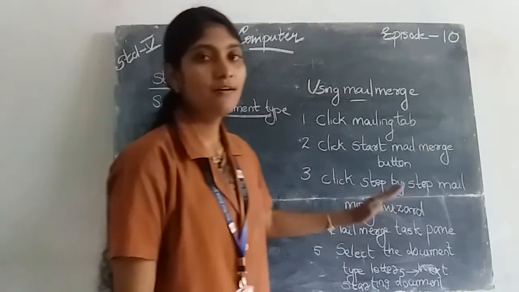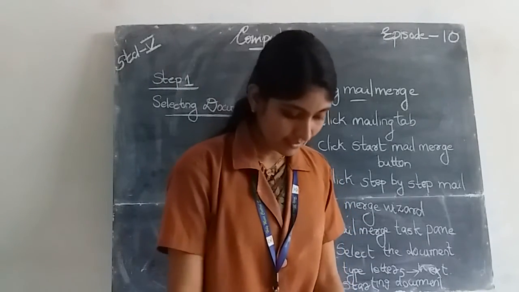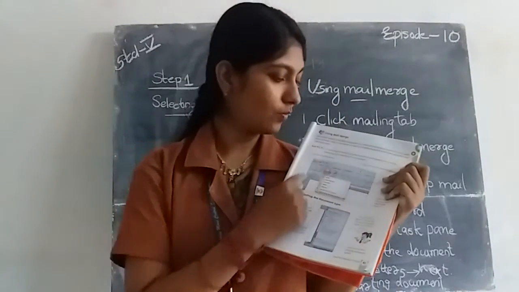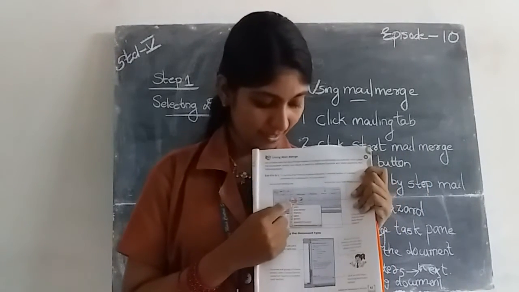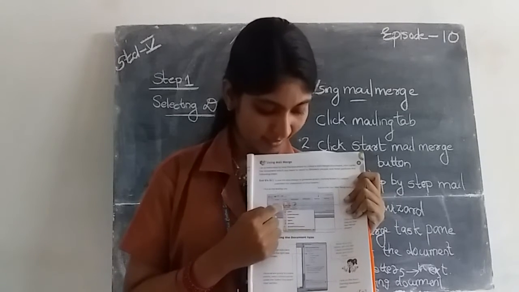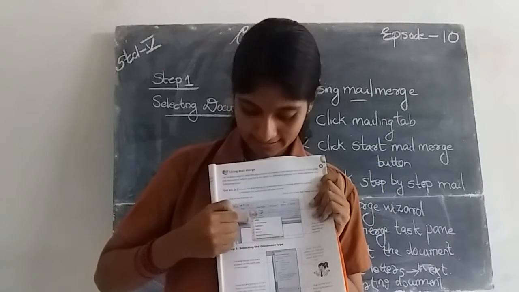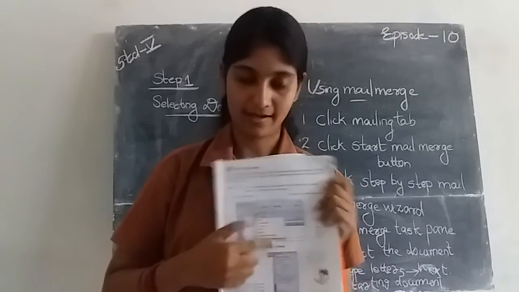So the first step is selecting the document type. Once again, here is the Word document and this is the mailing tab. Among the mailing tab options, click start mail merge and select step by step mail merge wizard.